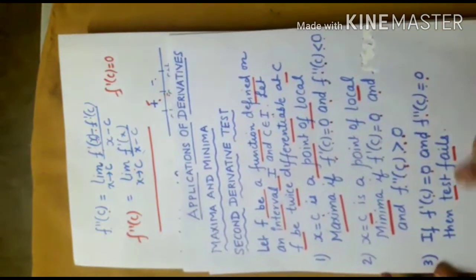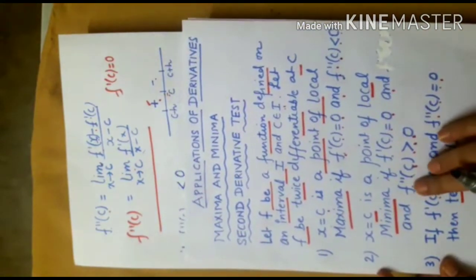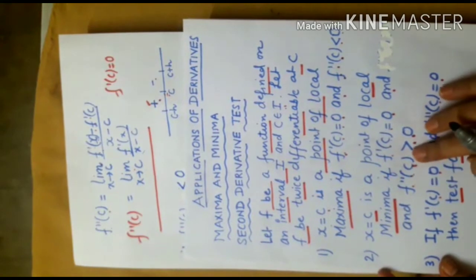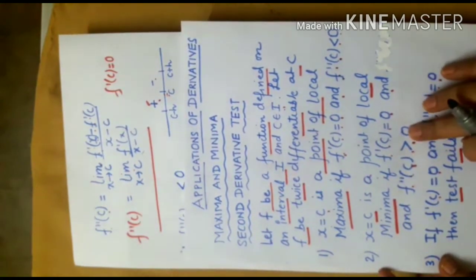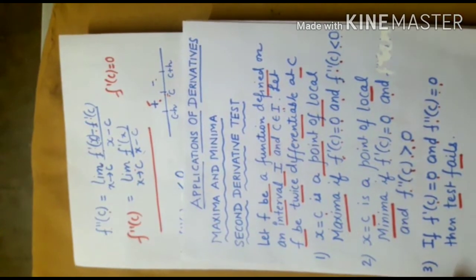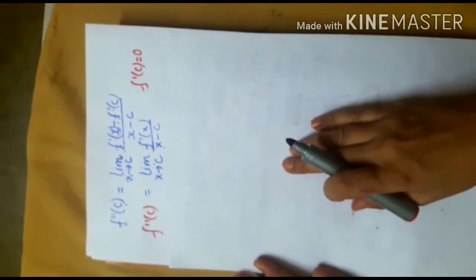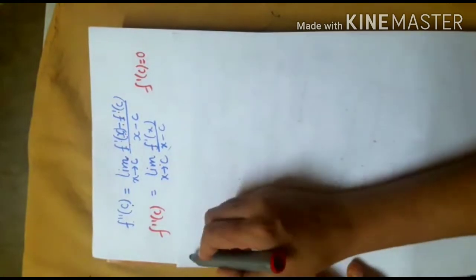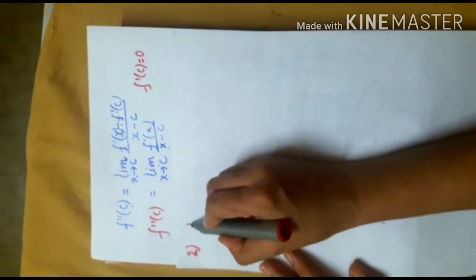And in a similar manner, you can see that if the second order derivative at c is positive, then c will be a point of local minima. Now, let's take the second case.